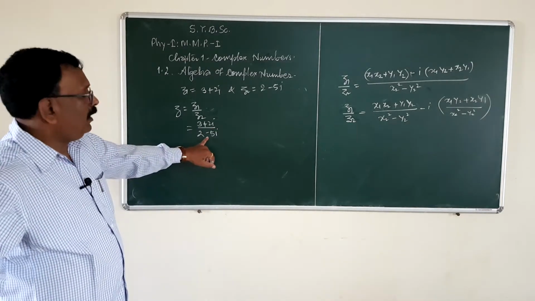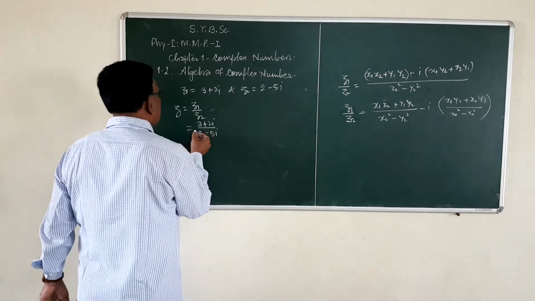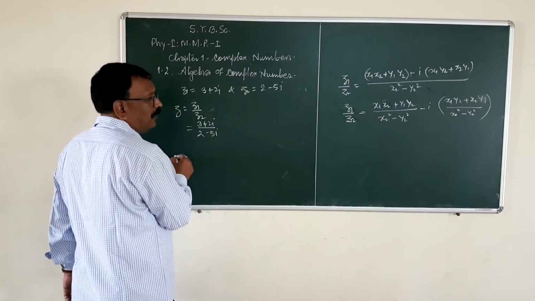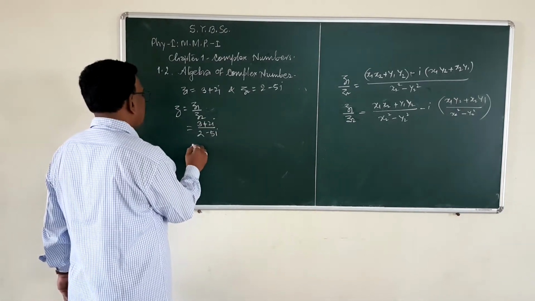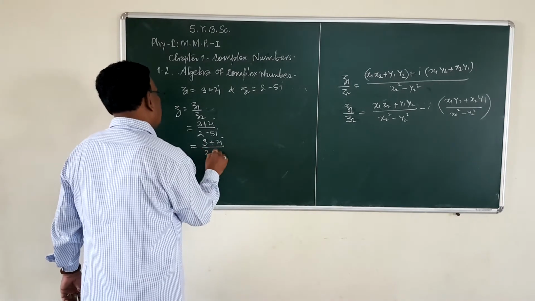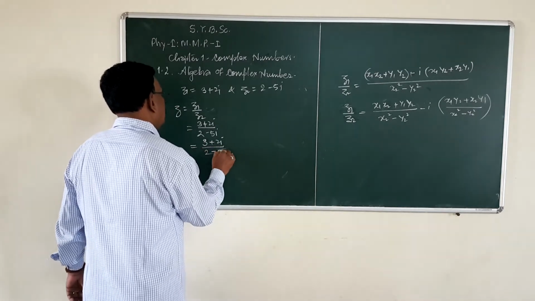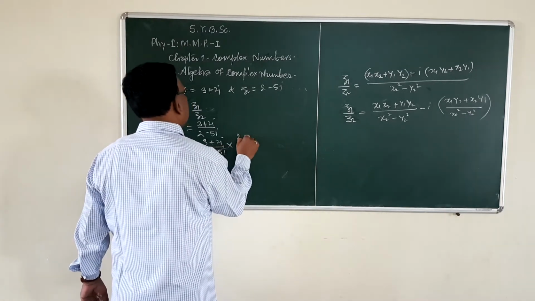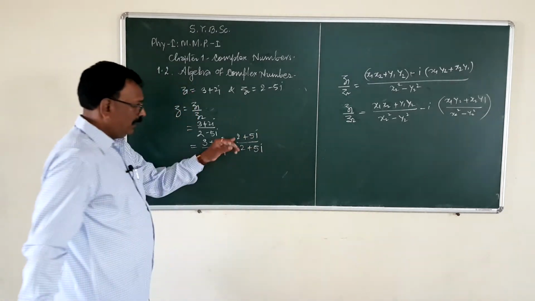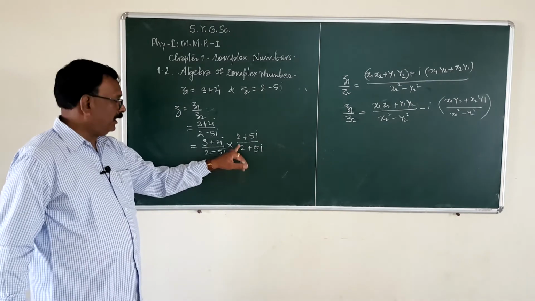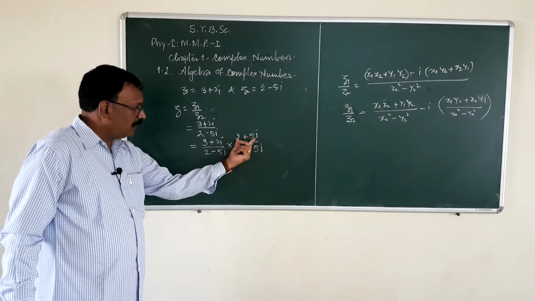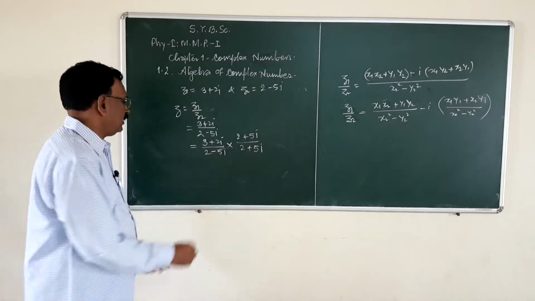Here again we have to multiply and divide by 2 plus 5i. Multiply and divide by 2 plus 5i, which is nothing but the complex conjugate of this term.